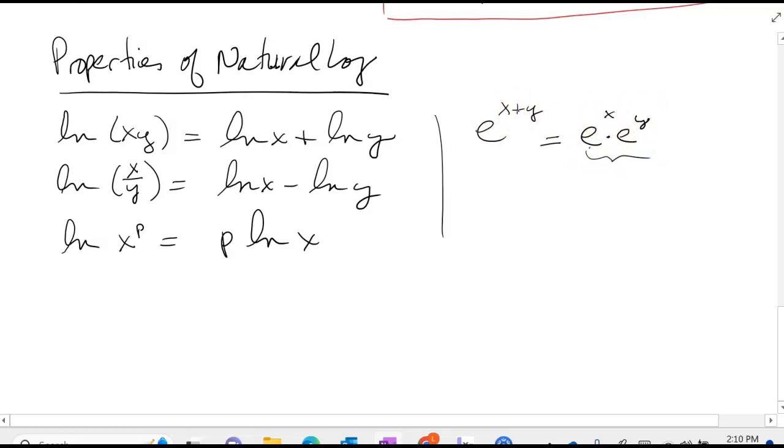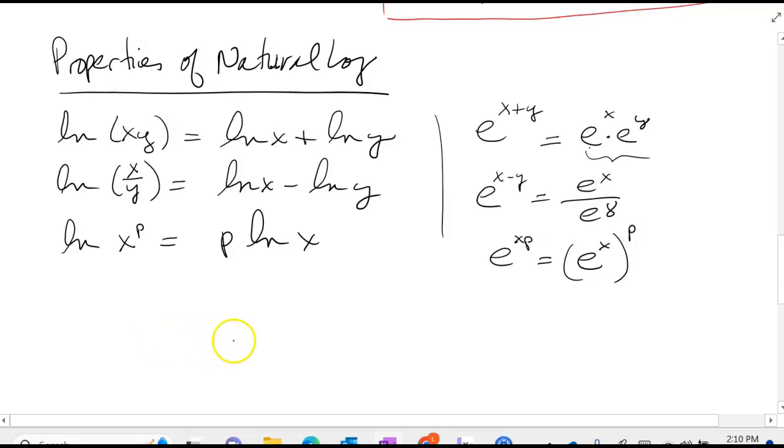So that's a way to think about separating or combining. In the same way, e to the x minus y is e to the x over e to the y. E to the x to the p is e to the x raised to the p power, and vice versa.